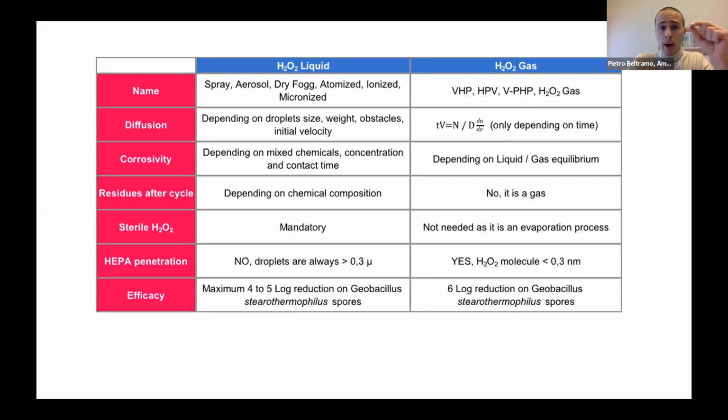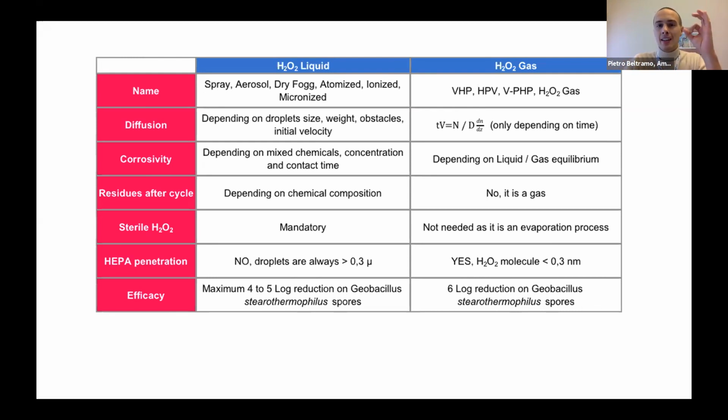And whenever you have the aerosol, you have droplets. And I told you at the beginning, the droplets are around 5 microns in dimension. I mean, 5 microns is big for a HEPA filter, because the HEPA filter will stop everything more than 0.3 microns.